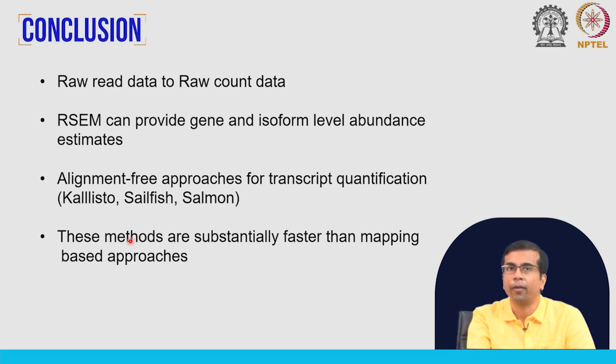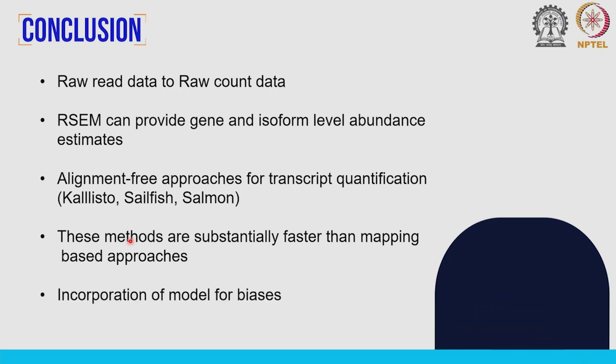You can look into those references, and you can see there are time comparisons between these different tools in those papers, and these algorithms, Kallisto, Sailfish and Salmon, are significantly faster than all those tools that we have discussed that rely on alignment. Some of these models can also incorporate models for biases.